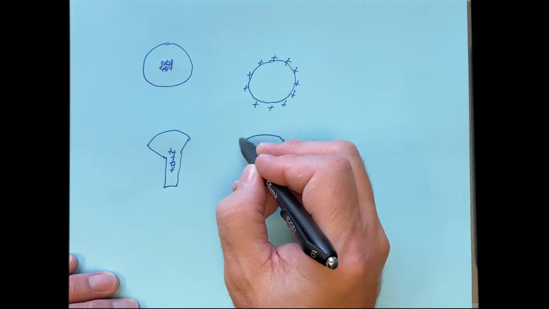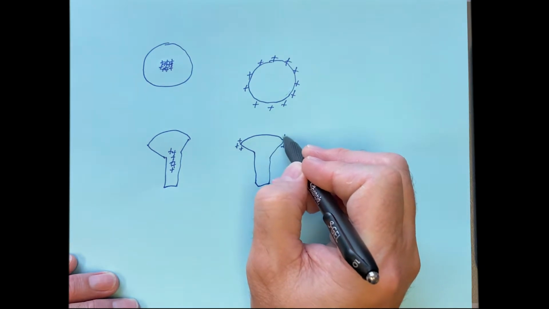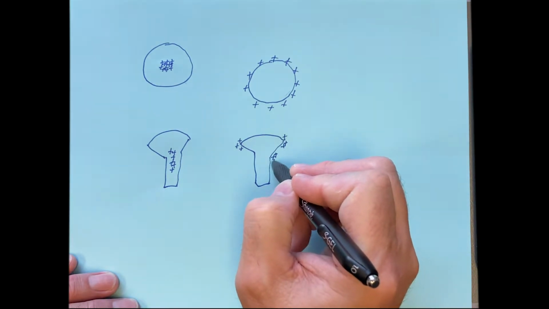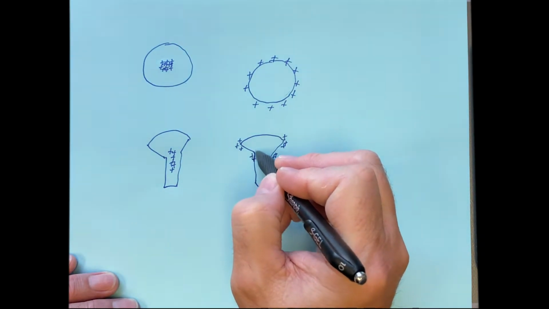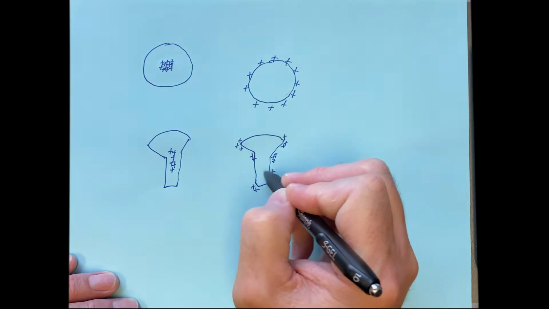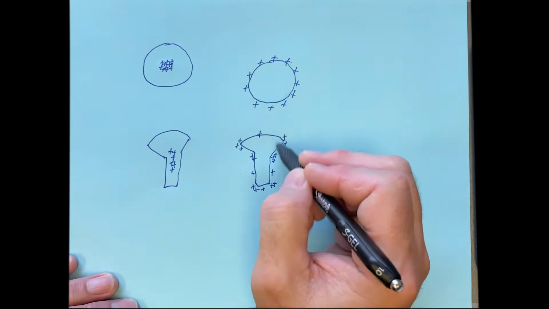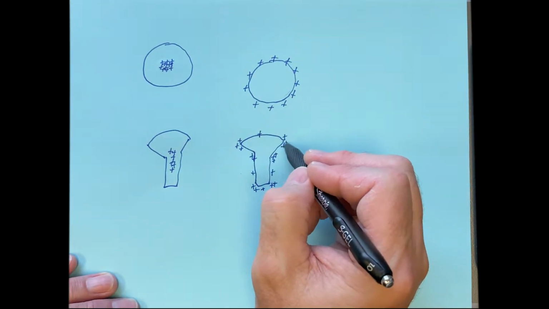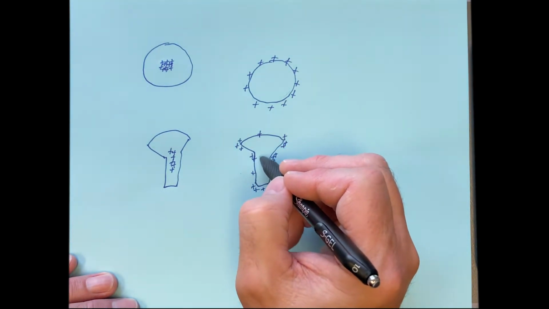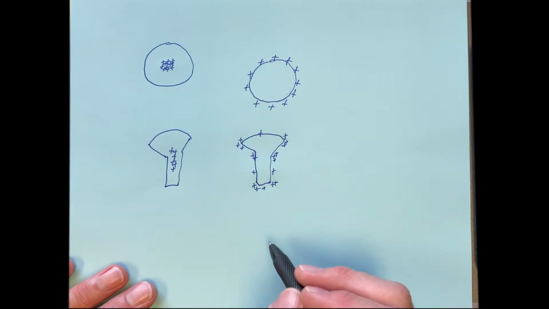And it turns out that charge is going to concentrate more at these sharp corners and the sharp edges like that. Doesn't mean there won't be charge in these smooth edges, but there's going to be more of a charge buildup at the sharp corners. And that's just the way the charge works.